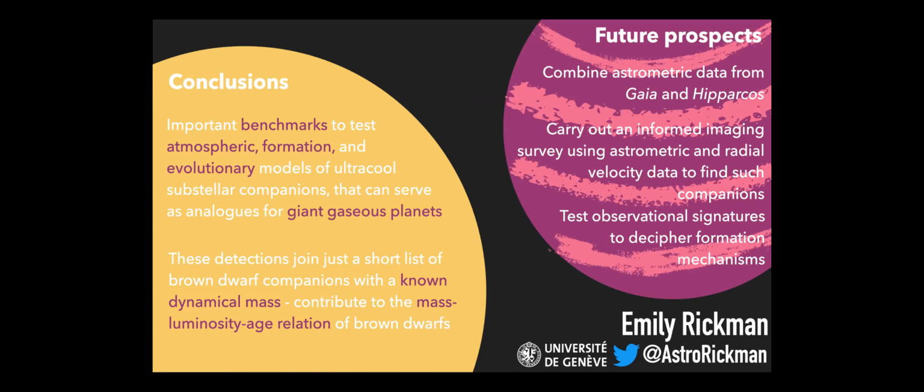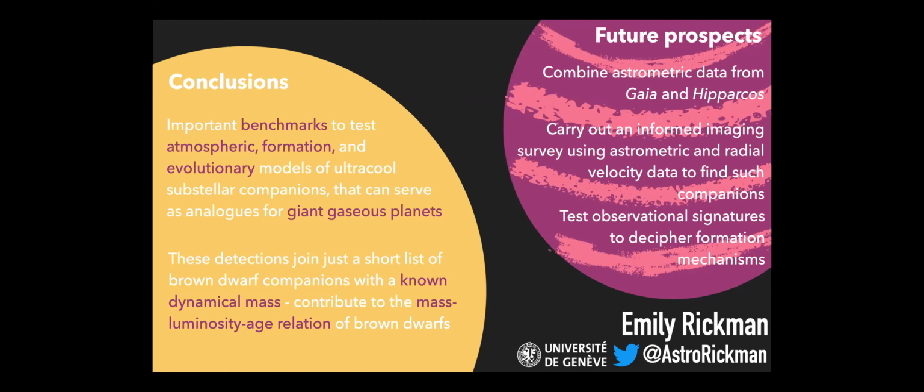Especially with the multi-planet systems I showed, where you have a close-in planet that's not so high mass, and we would never expect to be able to image that, or definitely not with current instrumentation, we can then make a comparison in that system with the higher mass objects at wider separations, and how those systems formed and ended up as they are today.